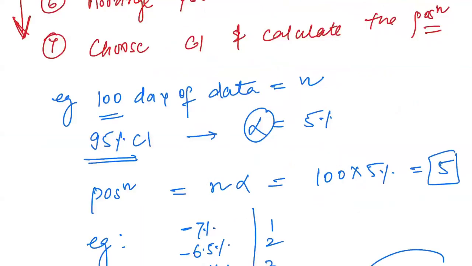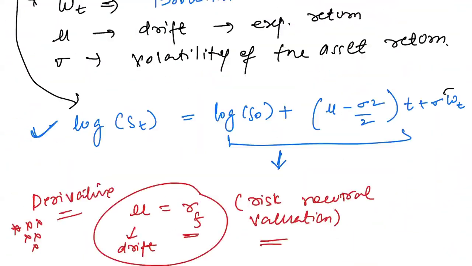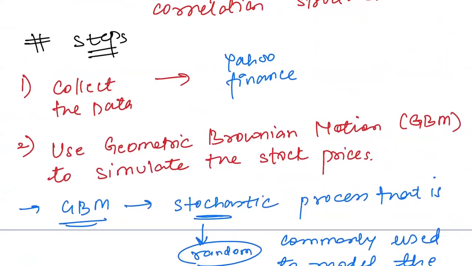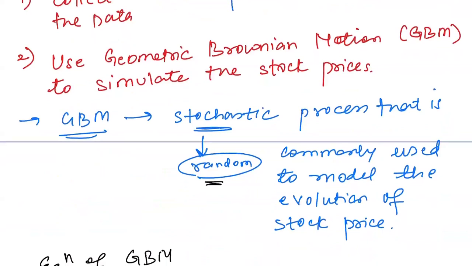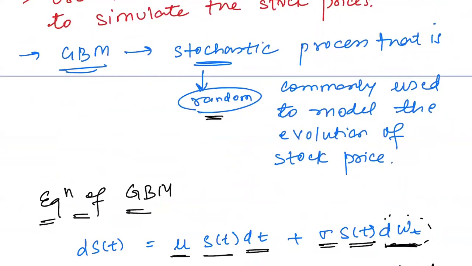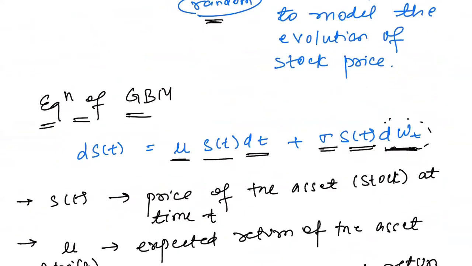I just want to summarize it. The very first step is collecting the data. Once we have the data, we use the geometric Brownian motion equation to simulate the stock prices. The simulation can be a large number of simulations.